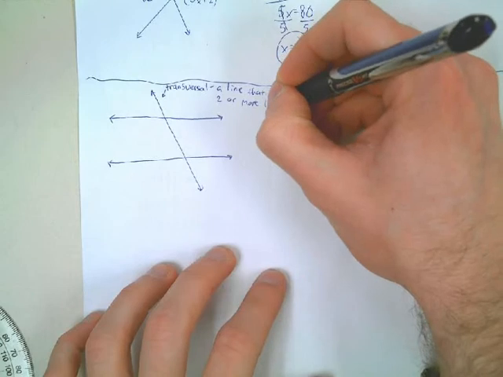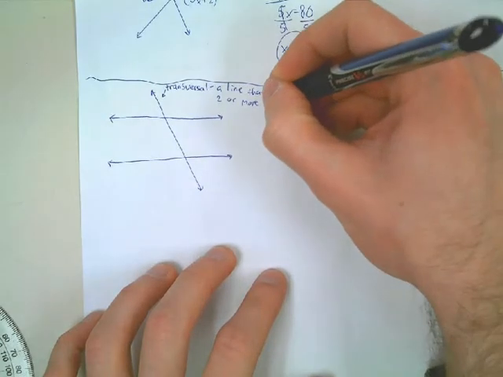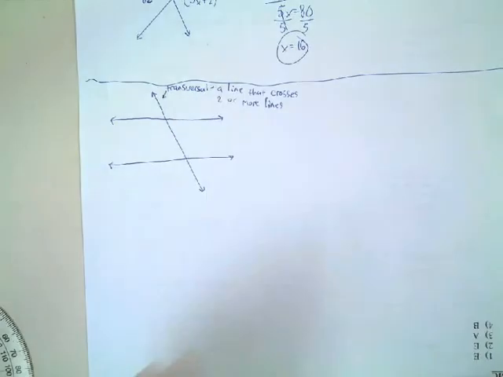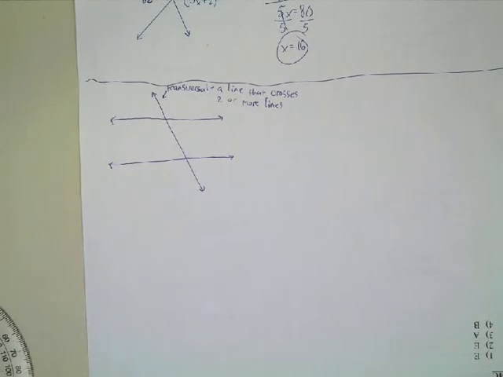So when you transport something, port means carry, and trans means go across. You're carrying something across a distance. So transversal means kind of to go across these 2 lines, okay? Transversal, crosses 2 or more lines.